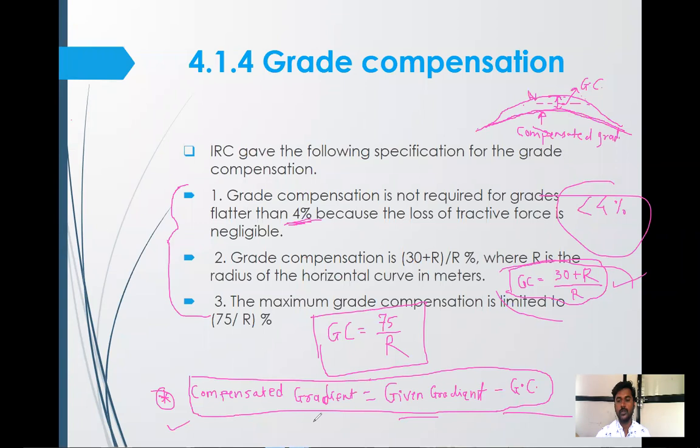Write down this formula also. This is a very important formula.